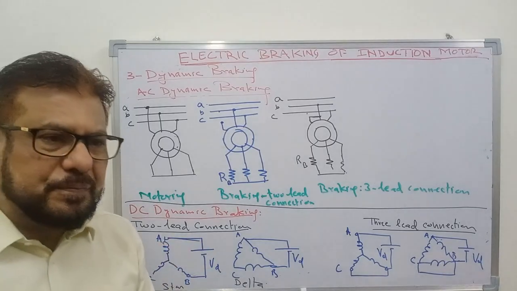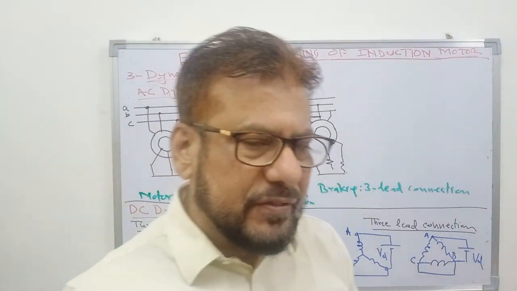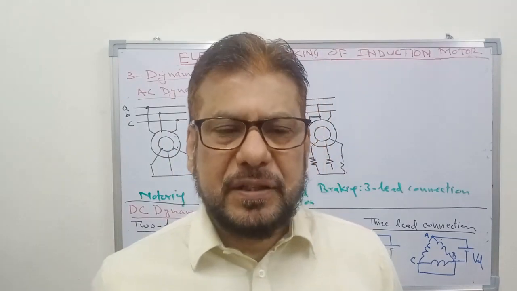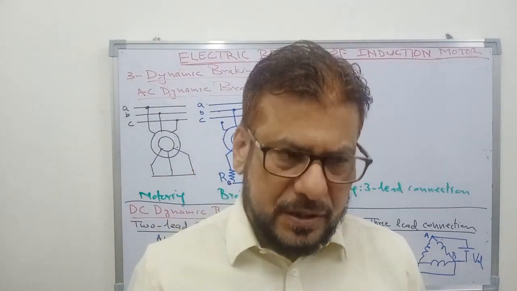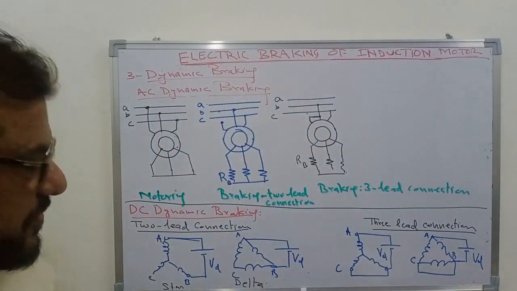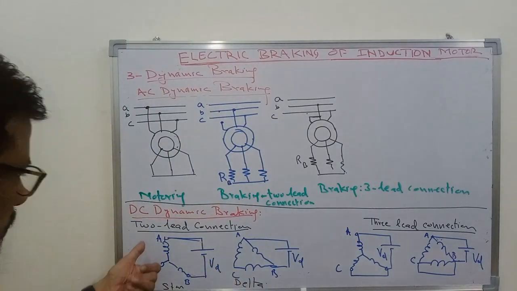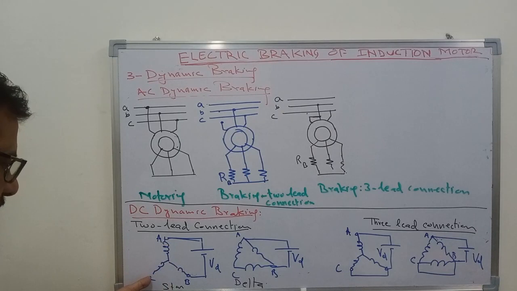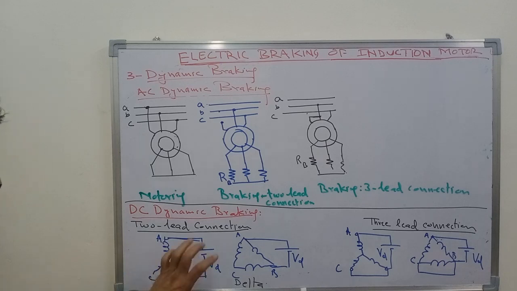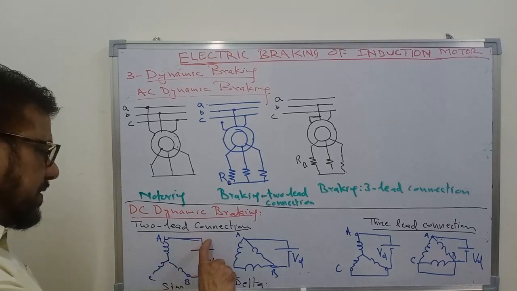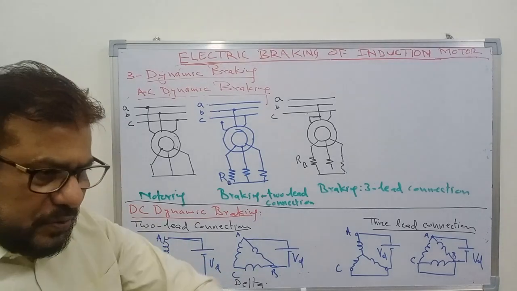The rotor is running, and what we have done is we have removed the AC supply from the stator winding, and instead we have given a DC supply. In two-lead connection, one terminal is kept open, and supply is given to two terminals. So two leads are used here.